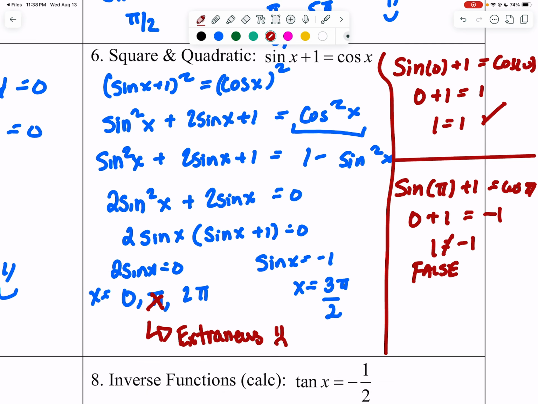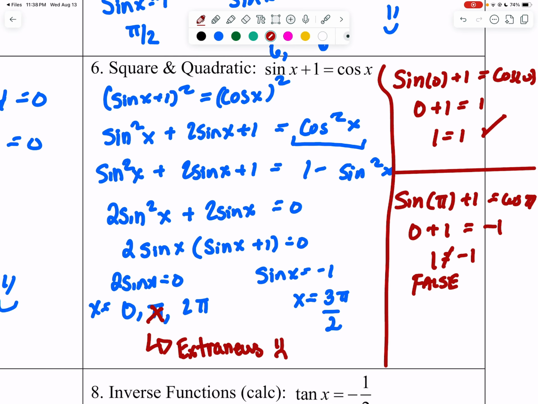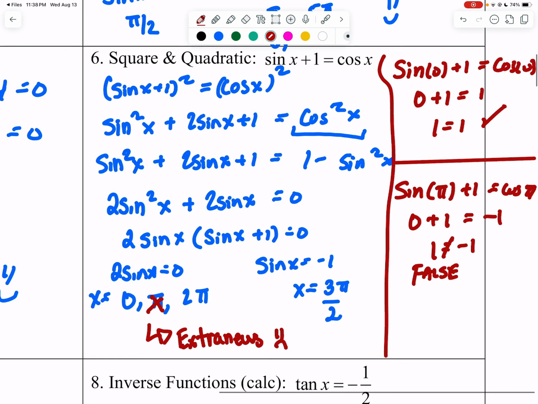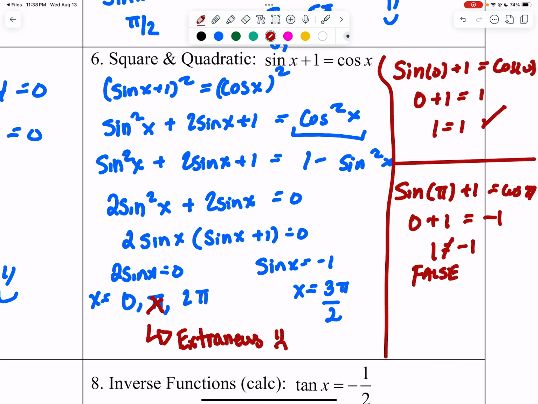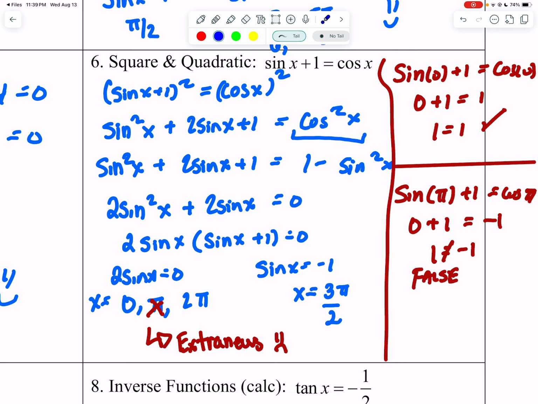Boo. And then finally, we have to look at sine of 3 pi over 2. That's going to be -1 plus 1, which is 0. And then cosine 3 pi over 2 is also 0. So we know that 3 pi over 2 works. So our final answers are going to be 0, 2 pi, and 3 pi over 2.